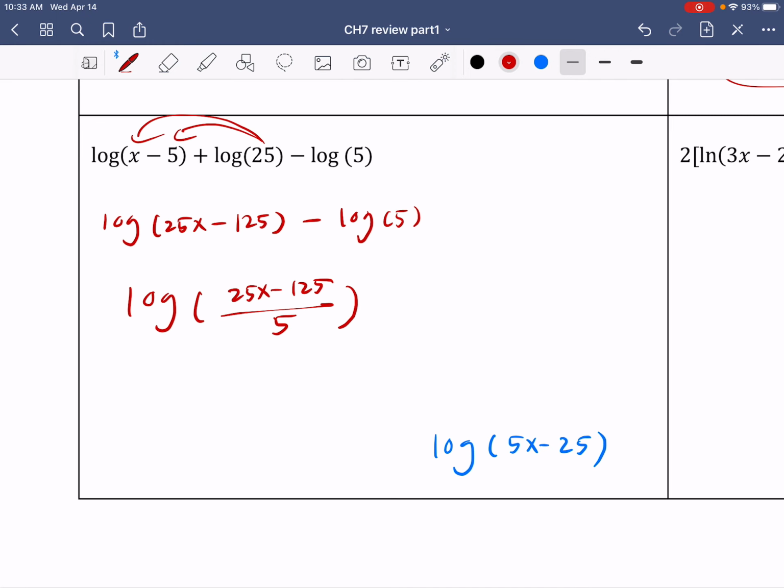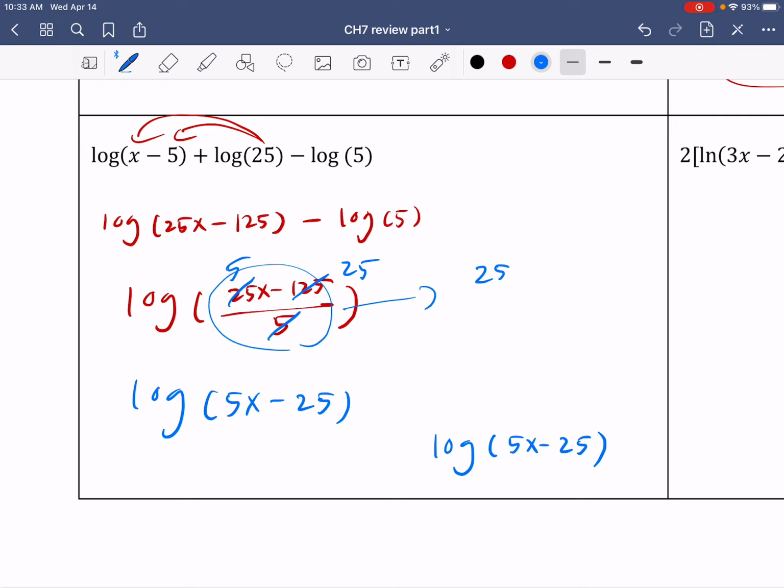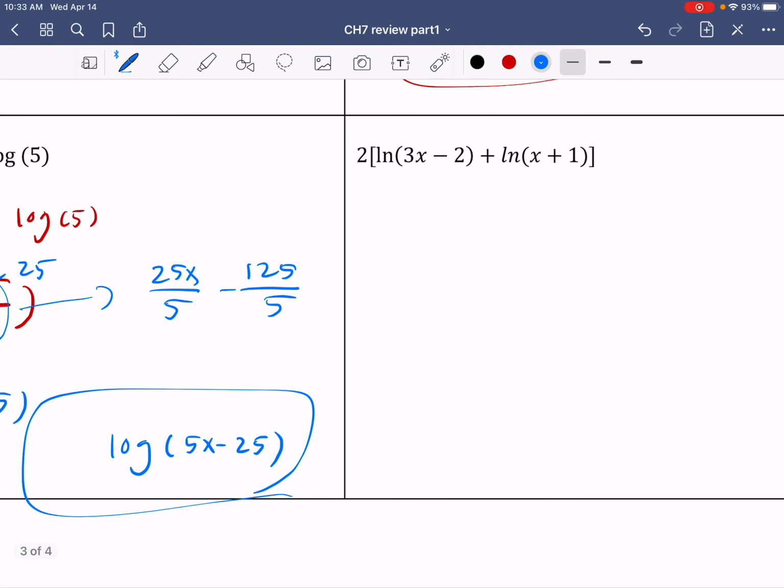And if you simplify, this one will become 5, and this one will become 25. So it's log base 5x minus 25. Just letting you know, it's the same as 25x over 5 minus 125 over 5. That's gonna be the answer. Now try this one by yourself.